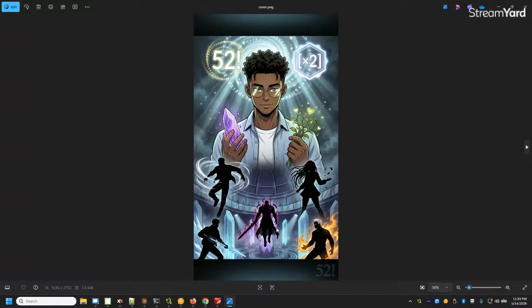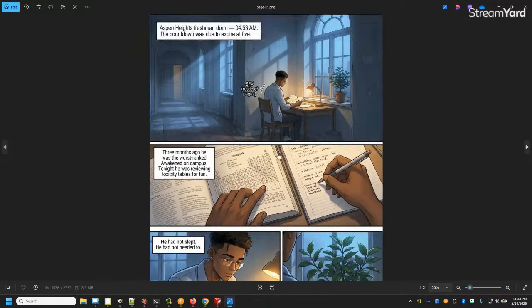And a new boss. All right. 52 factorial, and I don't know what this is. Is this 2 for 1? I told the bots to get rid of 2 for 1 for Yggdrasil's synthesis. But okay, anyways. All right, Aspen Heights freshman dorm.